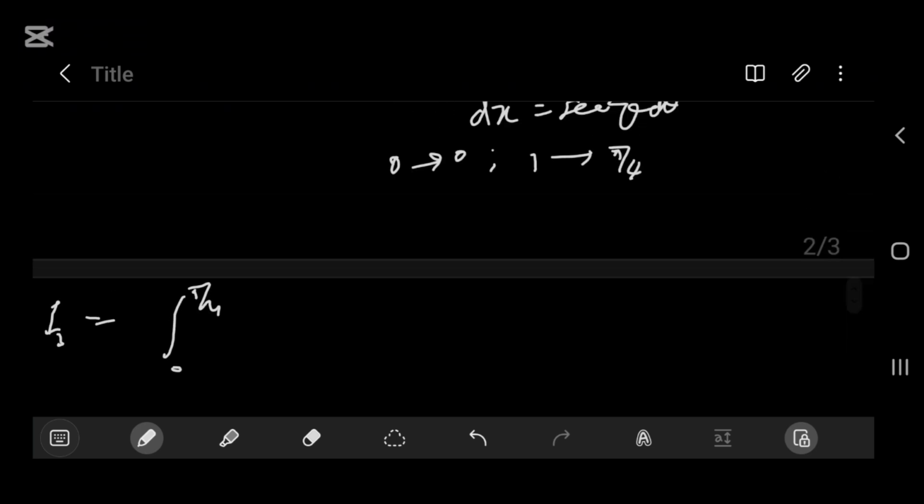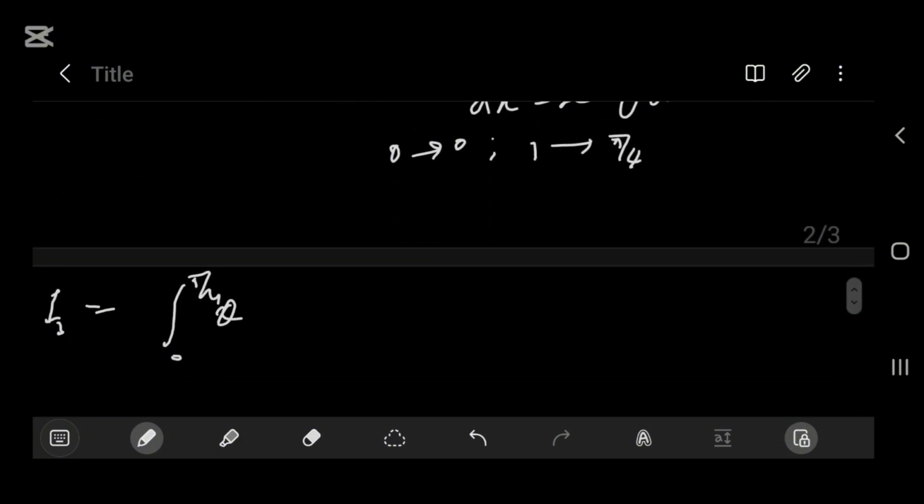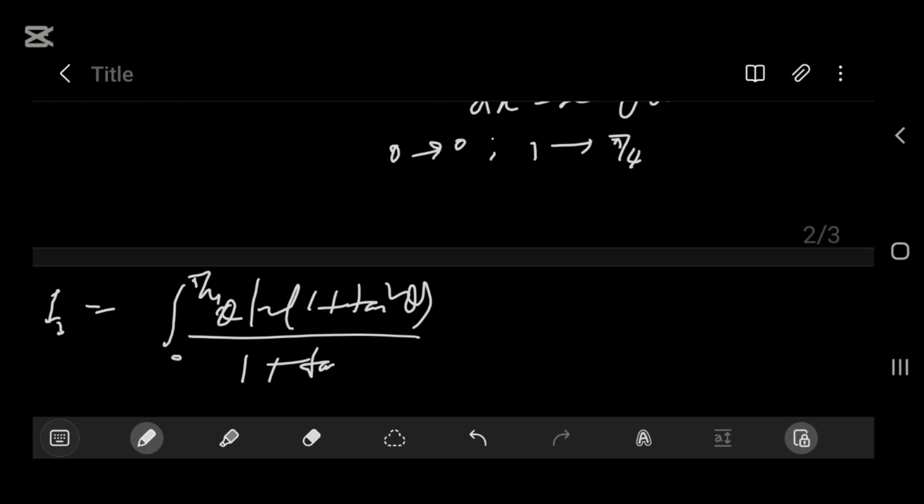So now I3 will become the integral from 0 to pi by 4. For tan inverse of x, we can write theta, and for ln(1 plus x squared), ln(1 plus tan squared theta), and we'll have over 1 plus tan squared theta as well.